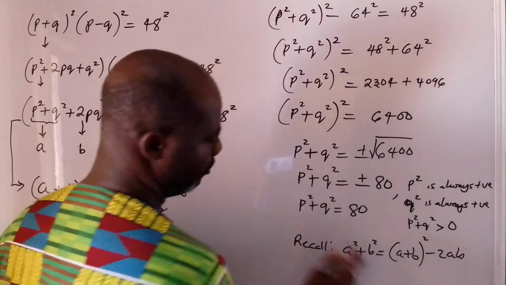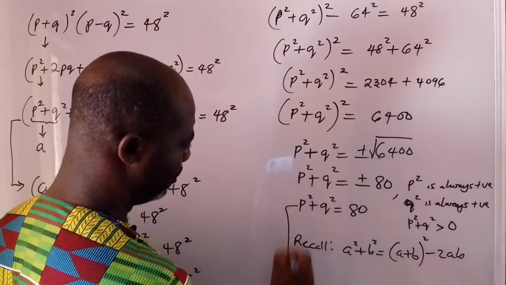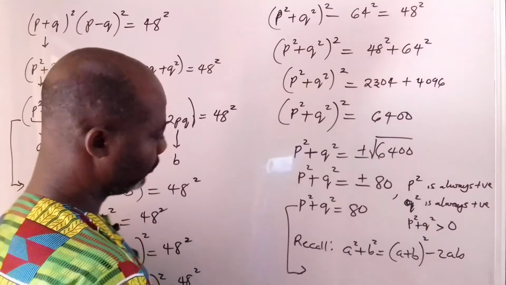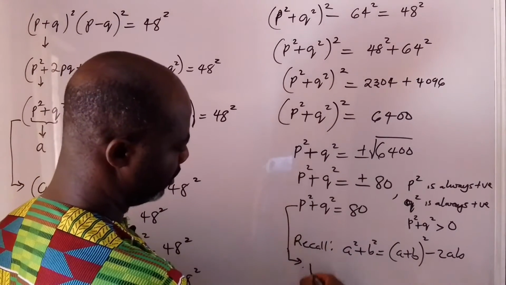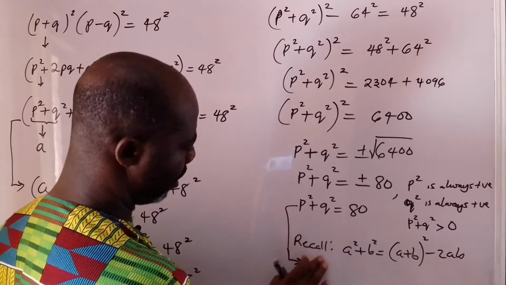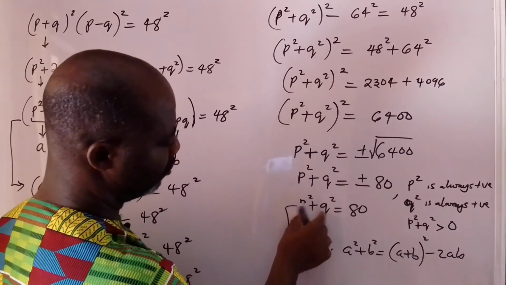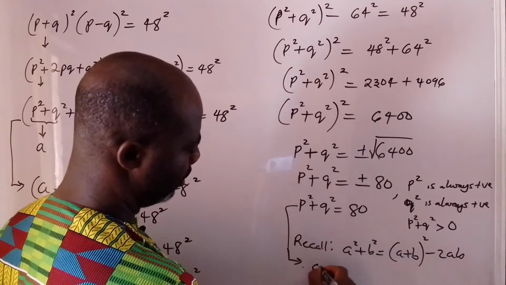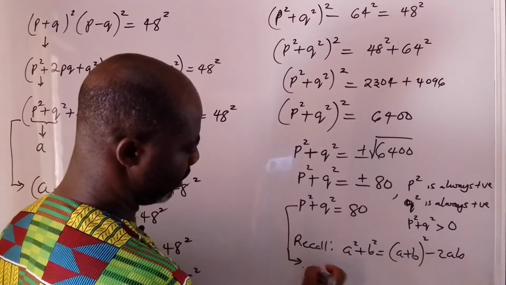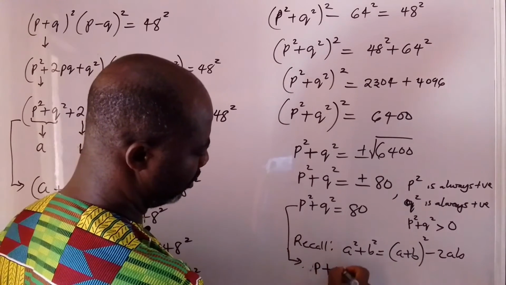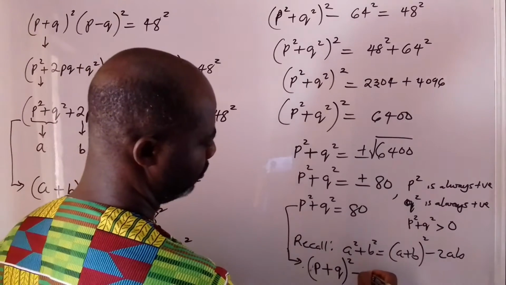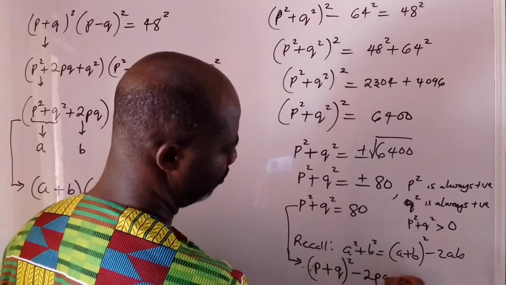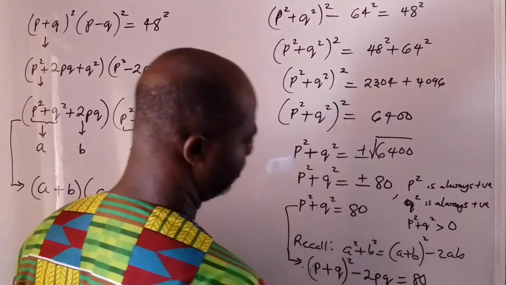So I'm going to use this. p squared plus q squared becomes p plus q all squared minus 2pq, equal to 80.